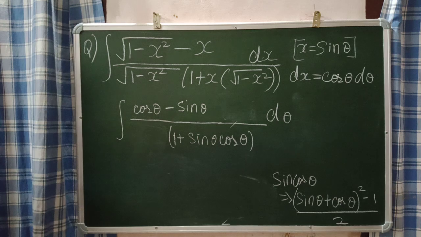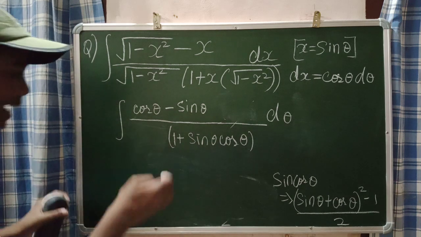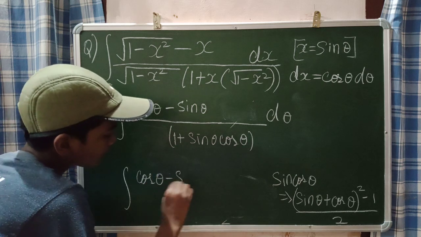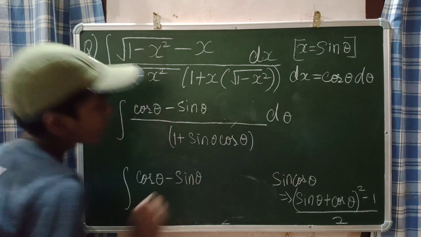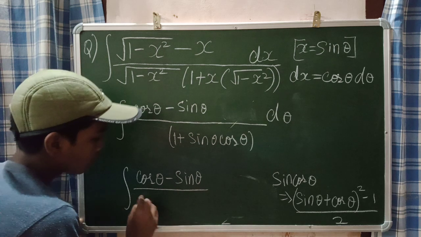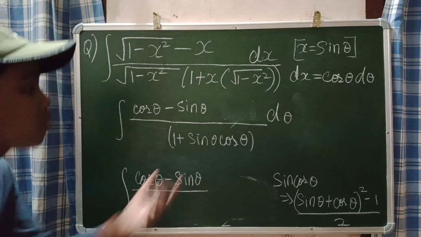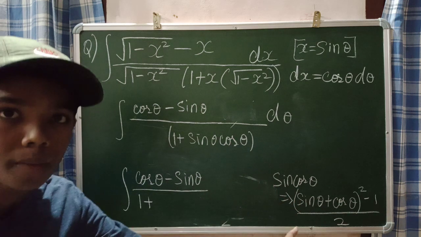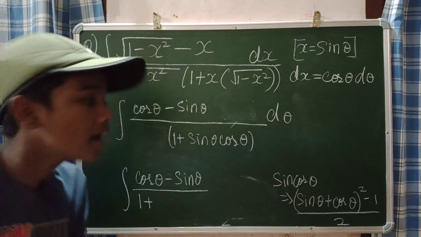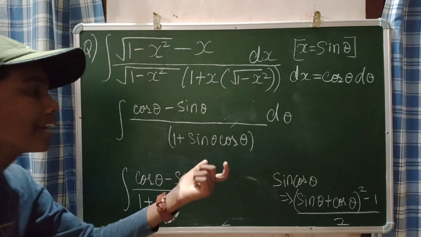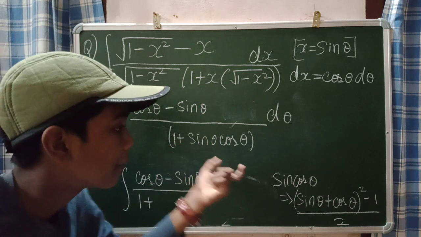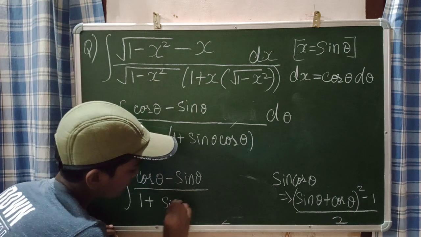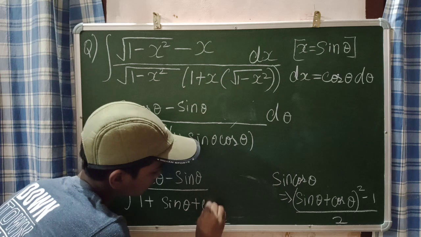Now, therefore, I can write this integral as the integration of cos theta minus sin theta divided by 1 plus, and we have a form like sin theta cos theta, right? That is why I told you this quite unexpected formula. So I can write this form as (sin theta plus cos theta) whole square minus 1 divided by 2.